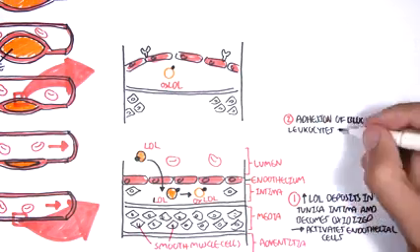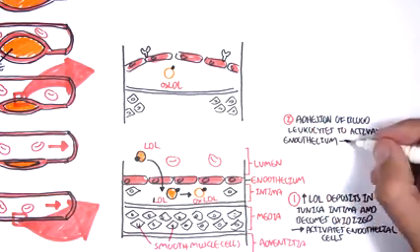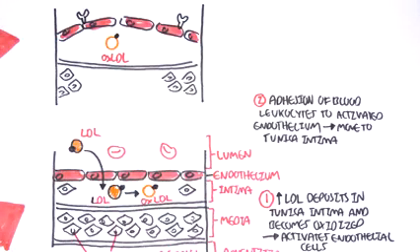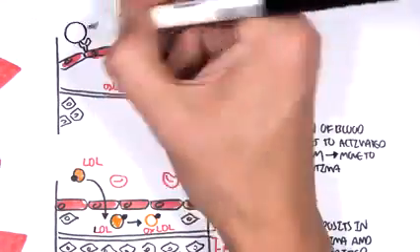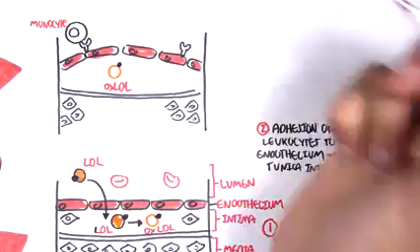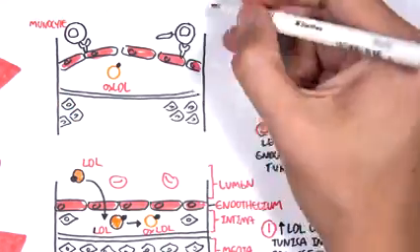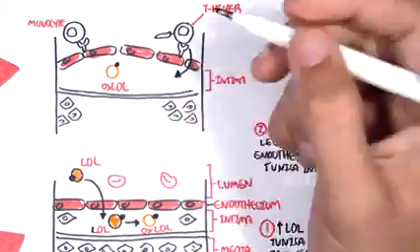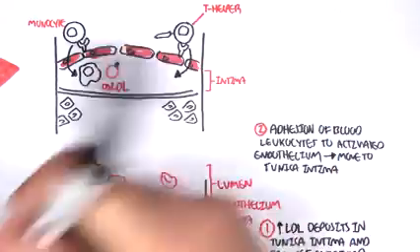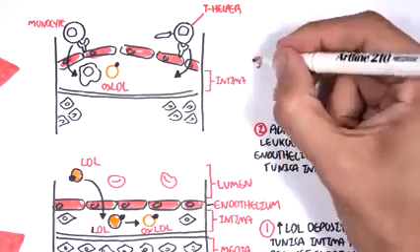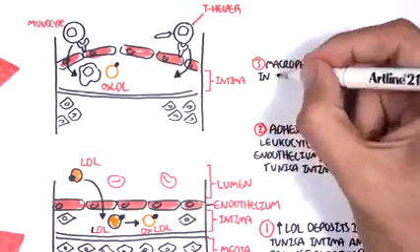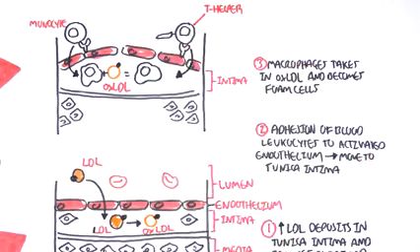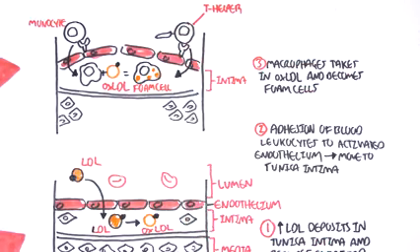Adhesion of blood leukocytes to activated endothelial cells will allow monocytes and T helper cells to move into the tunica intima layer of the blood vessel. When monocytes move into the tunica intima, they will become macrophages. Macrophages will then take up these oxidized LDLs and become foam cells.